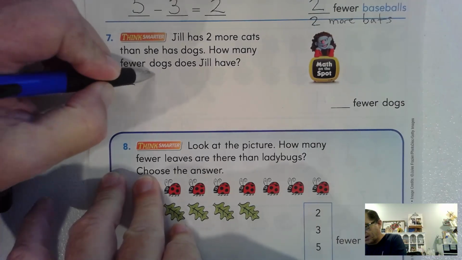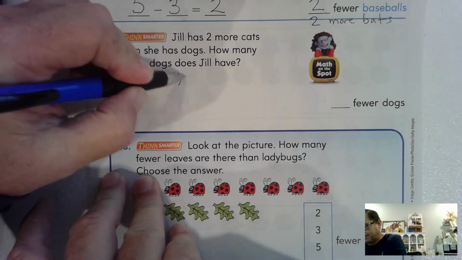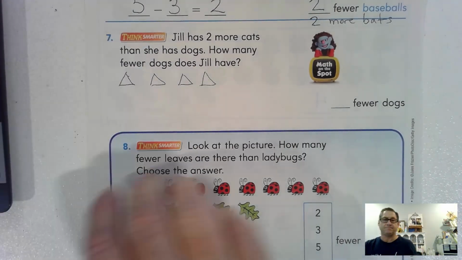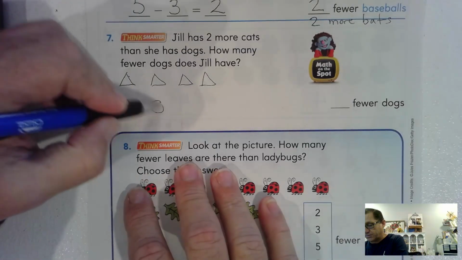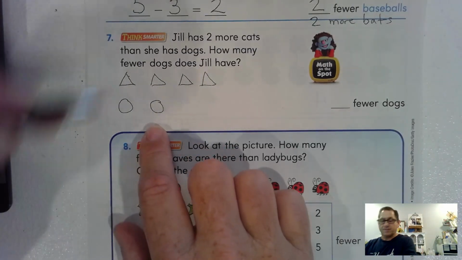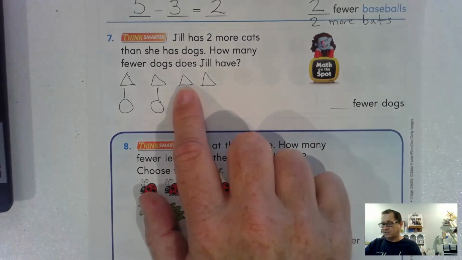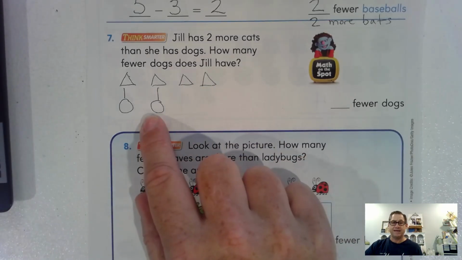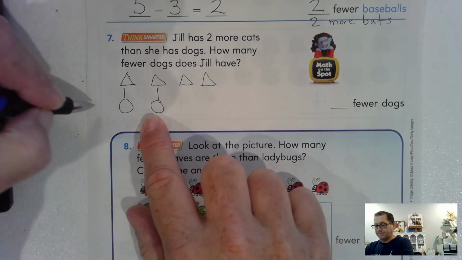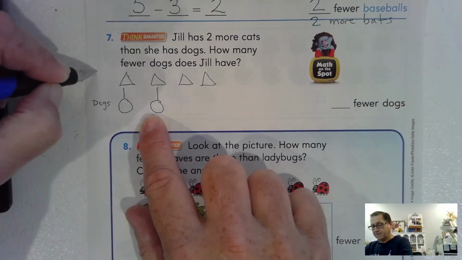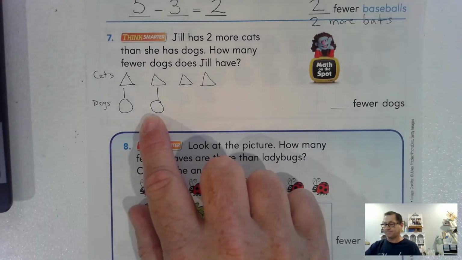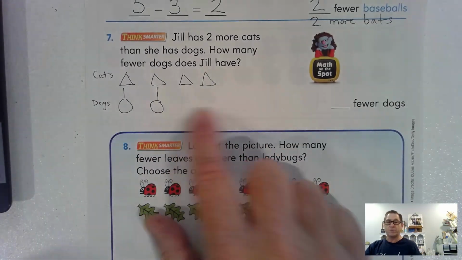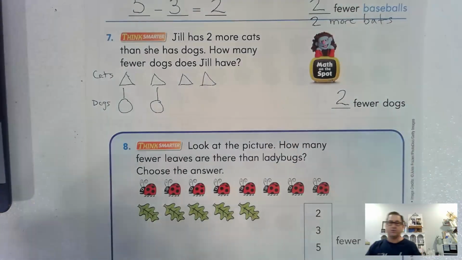I'm going to use triangles for cats. Okay. And I'll use circles for dogs. Okay. And she has 2 more cats than dogs. Okay. So these are dogs. These are cats. Okay. So how many fewer dogs? 2 fewer dogs.